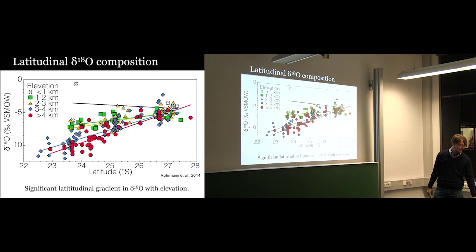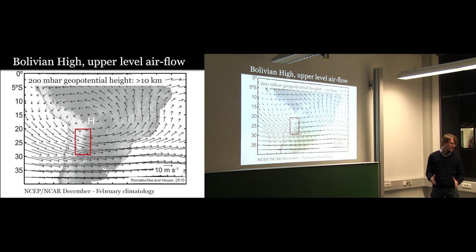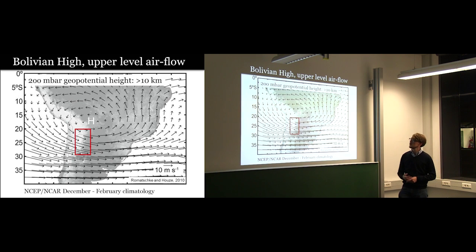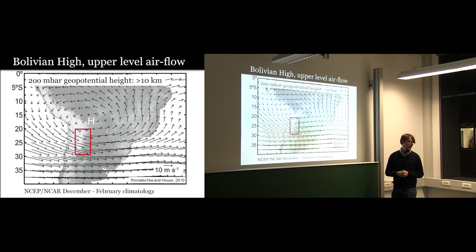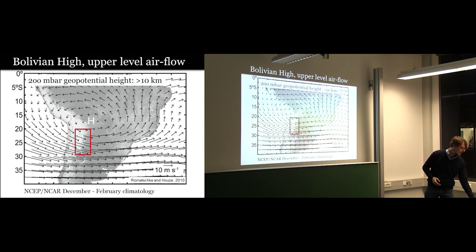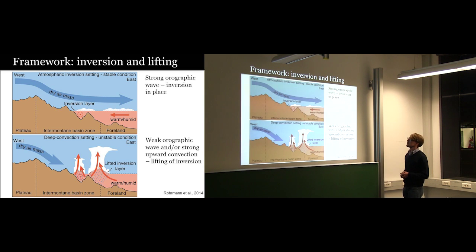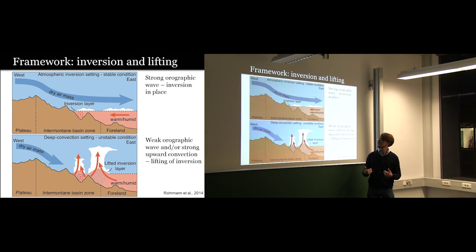And of course, that's next: the Bolivian high plays a very important role, and especially this kind of airflow over the Andes from west to east. What is happening here, and this is shown in this cartoon, is that in the most southern transect you have a setting where this warm, humid air that has a lot of moisture wants to go up in elevation, go on top of the Altiplano Puna Plateau and rain out.